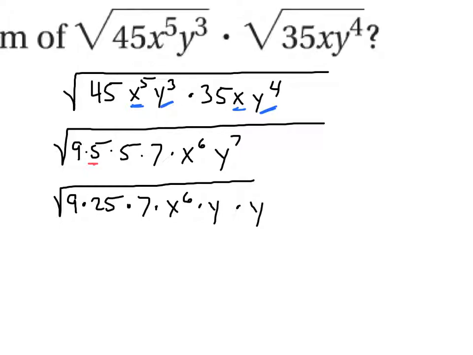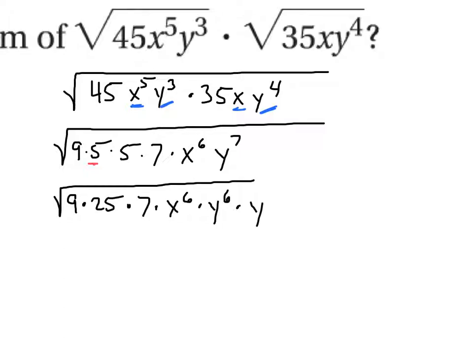So now, what is the largest number smaller than 7 that is divisible by 2? 6. So y to the 7th can be factored into y to the 6th times, I'm sorry, y to the 6th times y. y to the 1st. Okay? So we now have this.